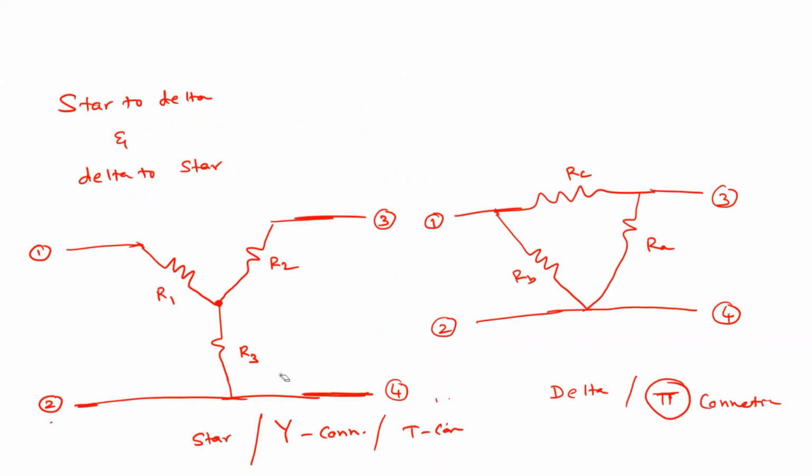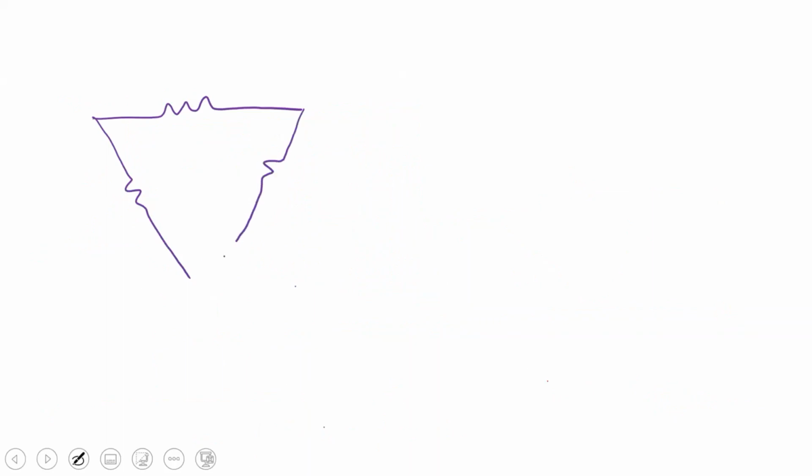The simple thing is that, let us assume that we have a circuit something like this. So this is RC, this is RA, and this is RB. So we need to find its equivalent in terms of star connection.